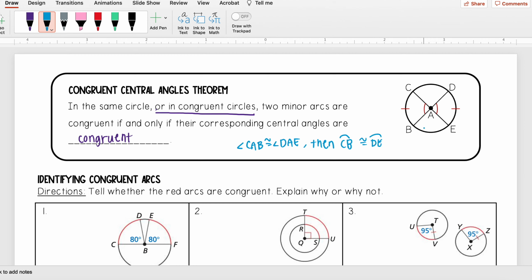Or the other way around. If I'm given that my arcs are congruent, then therefore their central angles are also congruent. However, this only works in two different scenarios. First, if they're the same circle, like we see here, or in congruent circles. And so we'll see that in a second.